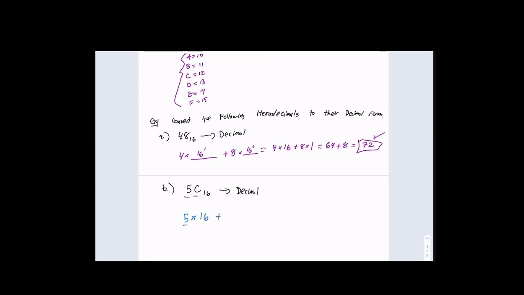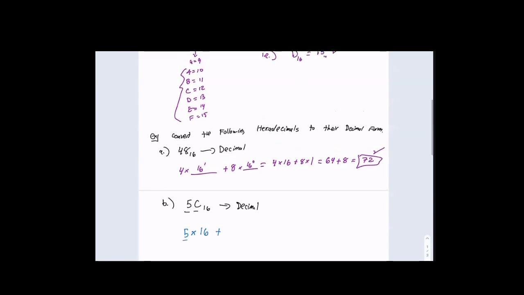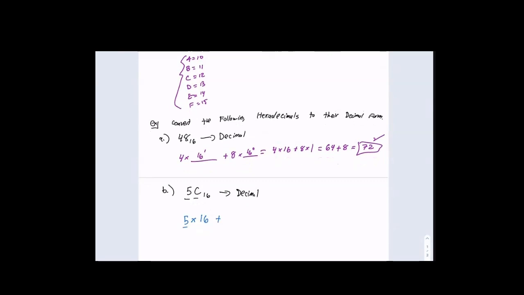C times 16. No, what is C? You gotta look at that. It's 12. So it's 12 times 1. That's always 1. Last one is always just times 1, no matter what the number system we use.